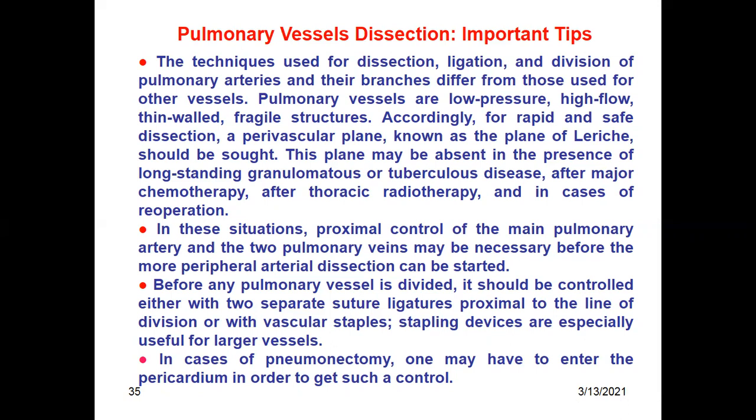Stapling devices are especially useful for larger vessels. And in cases of pneumonectomy, sometimes the surgeon may have to enter the pericardium to do an intra-pericardial pneumonectomy in order to get control of the pulmonary vessels if we have a centrally located tumor.